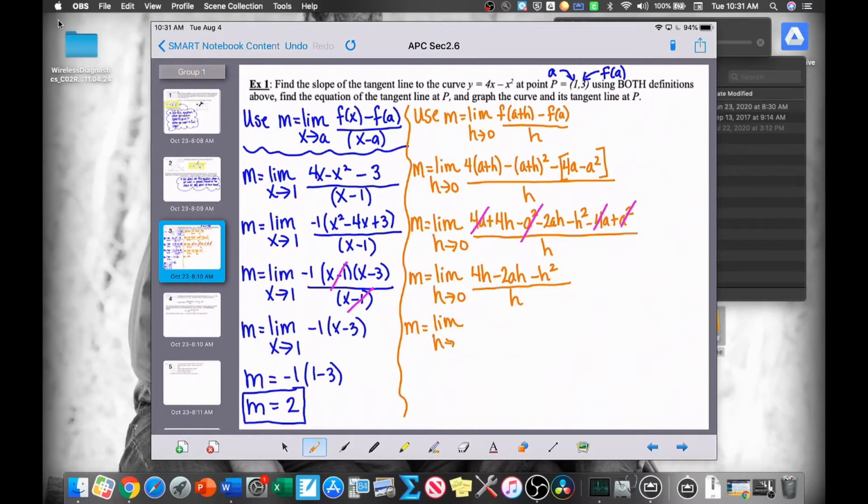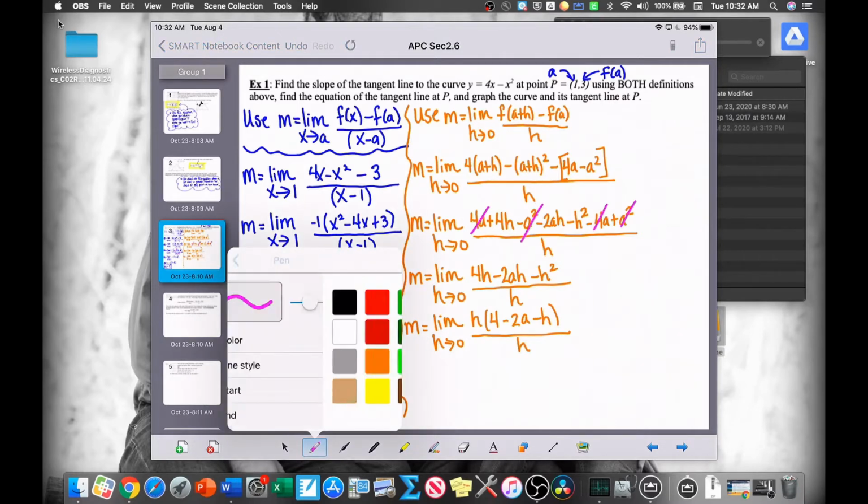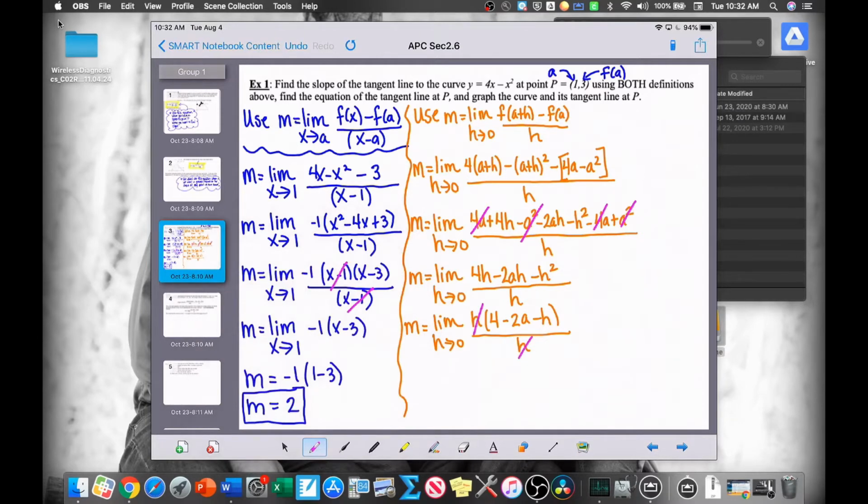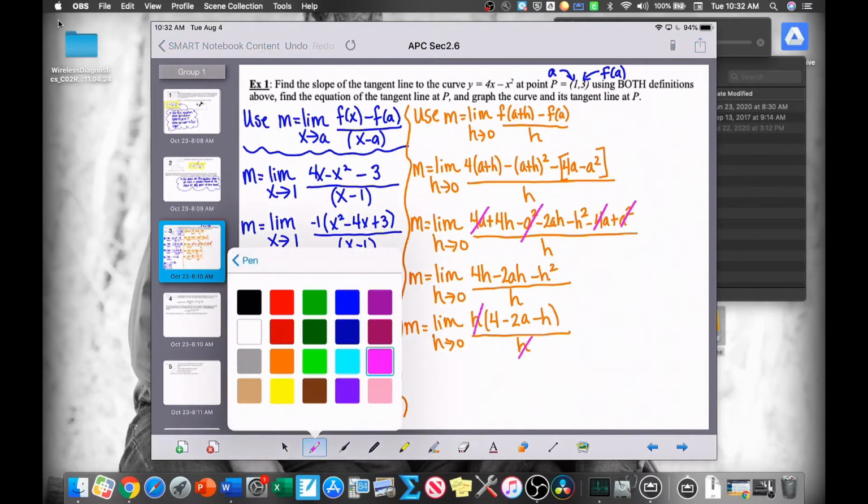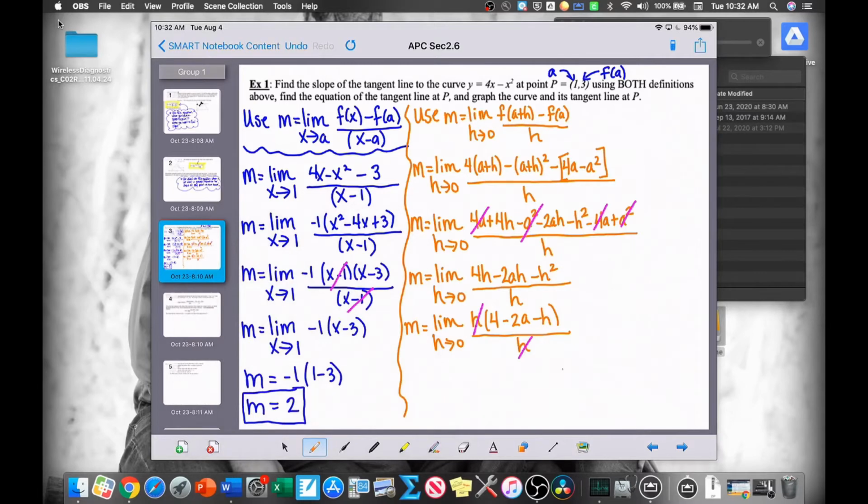So this will be the limit as h approaches 0 of h times 4 minus 2a minus h over h. And now I get to cross out the h's, and now I can evaluate my limit by plugging in h equals 0. So m is equal to 4 minus 2a minus 0, which just gives me m equals 4 minus 2a.